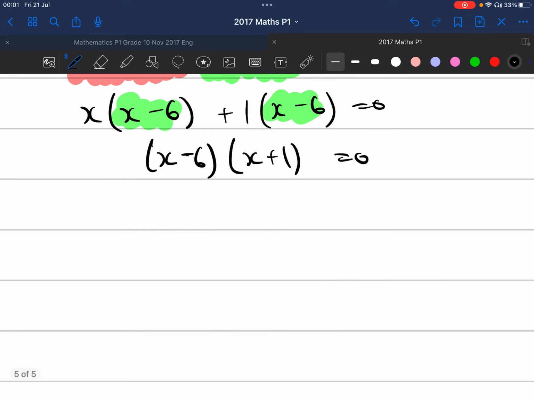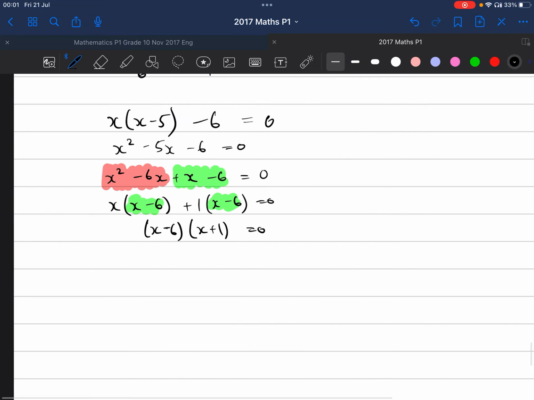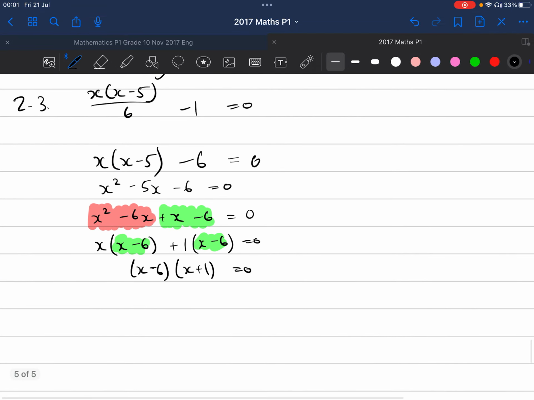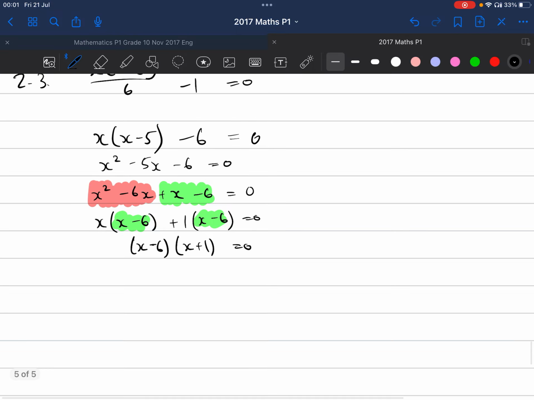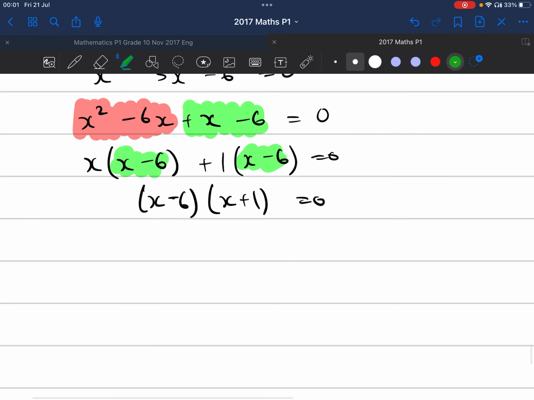Now obviously we're going to equate each of these to 0, and the reason we do that is because, remember, this whole thing, or this side at least, has to equal 0.